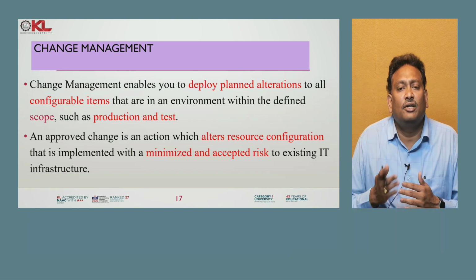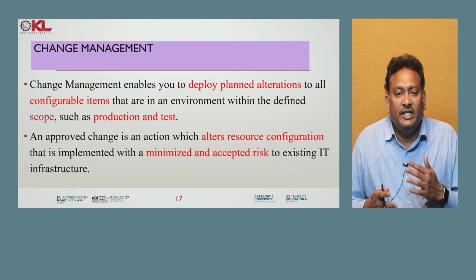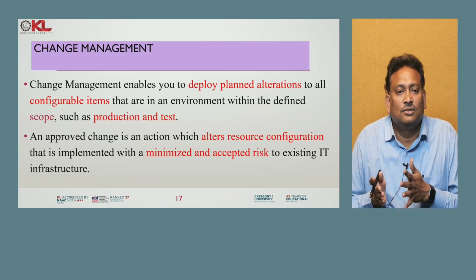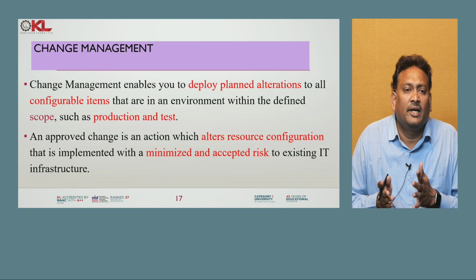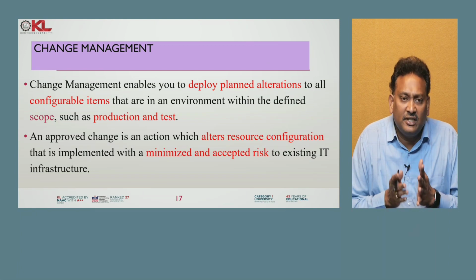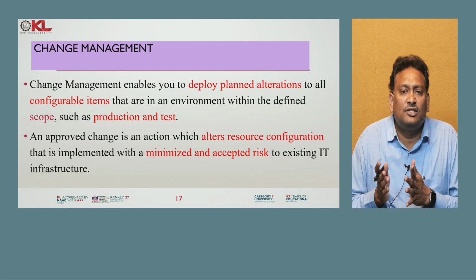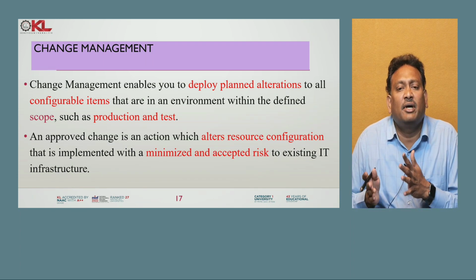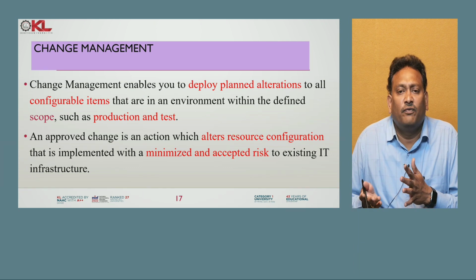So whenever you want to deploy an application, you can deploy planned alterations to all configurable items. Why are we launching applications in the cloud? Because you can easily reach the globe within minutes, go global in minutes, and pay per use. If you want to deploy an application, we can use change management.